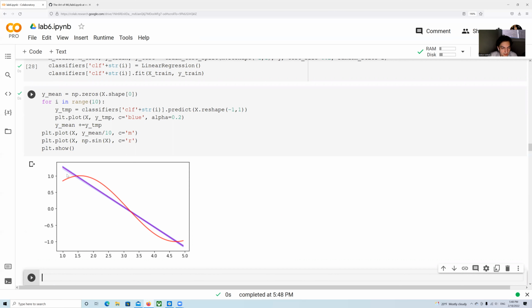You can see that each individual line is very close to the mean value, but at the same time, these lines are very poor predictions for our sinusoid, so we can say they have high bias.